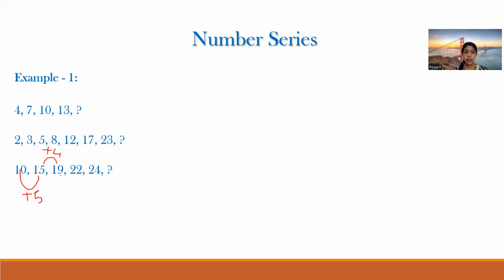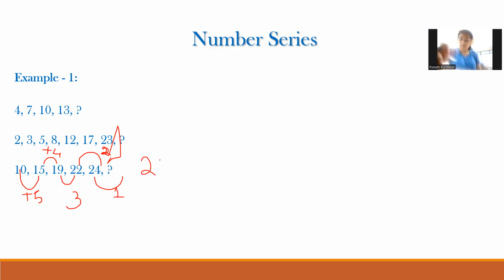Similarly, 19 to 22 is plus 3. And 22 to 24 is plus 2. And 24 to the last should be plus 1. I think the answer is 25. Yes, the answer is 25.